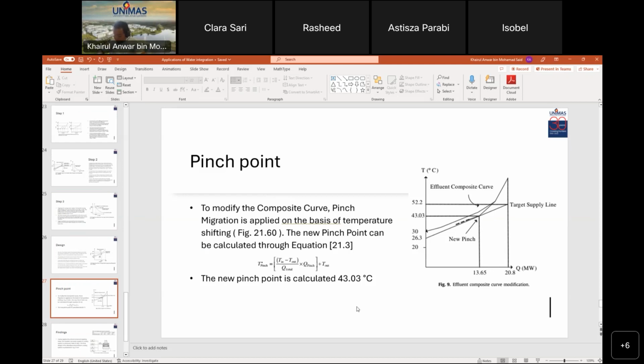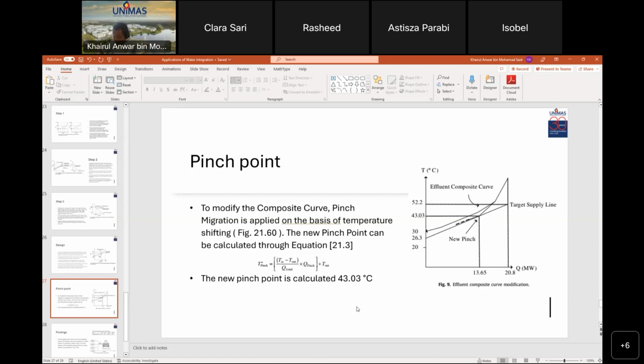The feasibility constraints on the target supply temperature are expressed as: T water in is between the minimum T water in and the maximum T water in, and T water out is from the minimum to the maximum T water out.